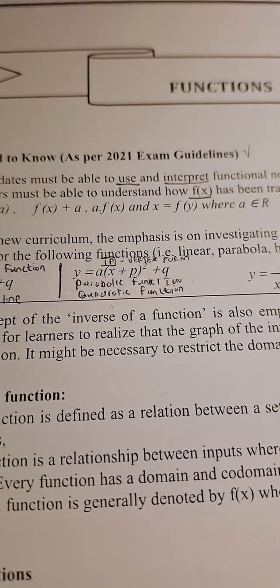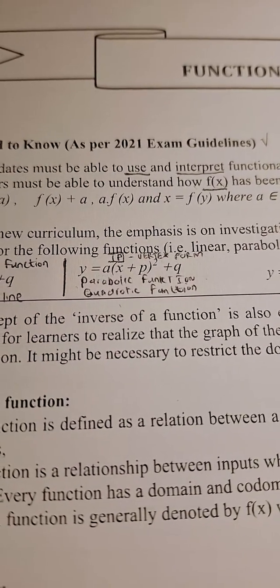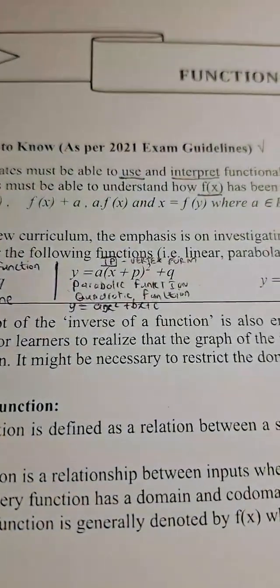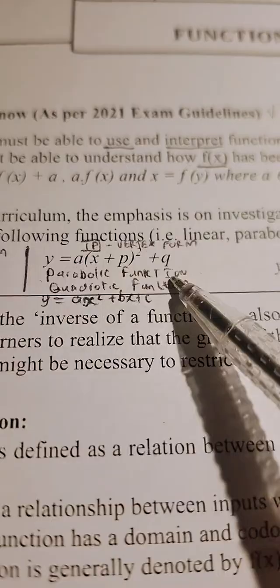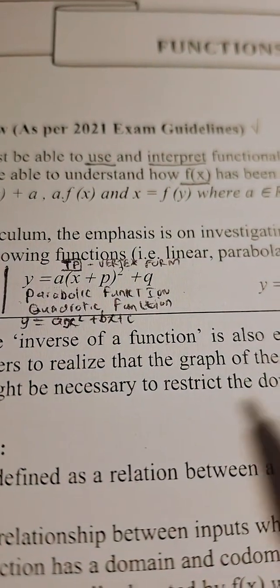But that is not the only way a quadratic function is represented. It can also be represented as y is equal to ax squared plus bx plus c. Yes, this is the turning point form, definitely. That's why I put TP, to indicate that it's turning point form.